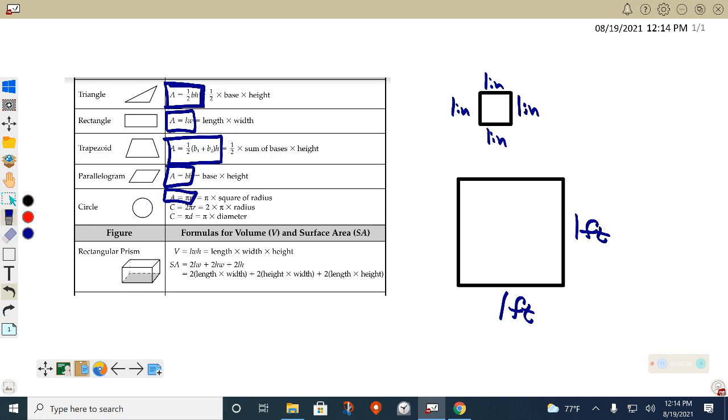That is a square, but a square unit would be a square where we don't know how long each edge is. That's just a square unit. This is actually a square foot. Yeah? It's a square foot.